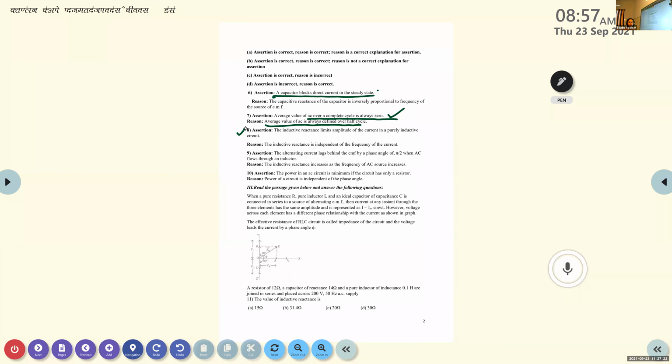Consider the AC voltage that is applied to a circuit which contains only an inductor. So our assertion is this: inductive reactance limits amplitude of the current in a purely inductive circuit. Is it correct or incorrect?